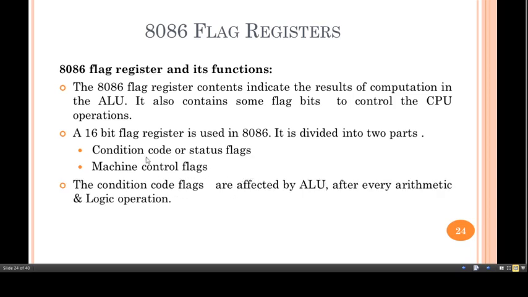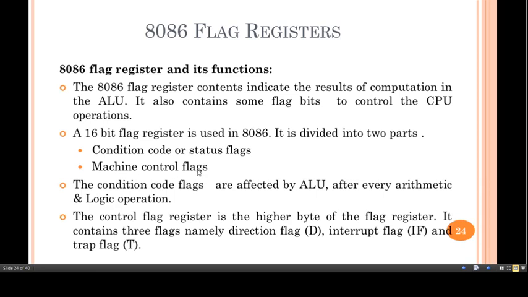So what are the condition or status flags? Whenever flag bits get affected after every arithmetic and logical operation performed by the ALU, those flags are called condition code or status flags.